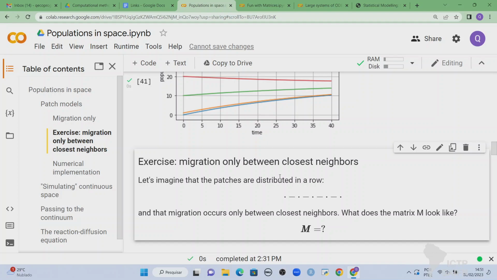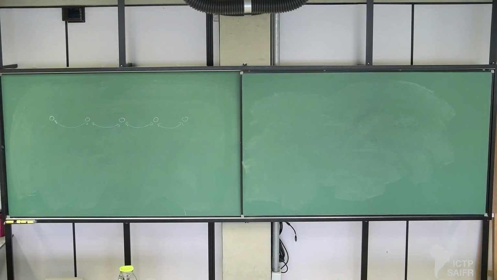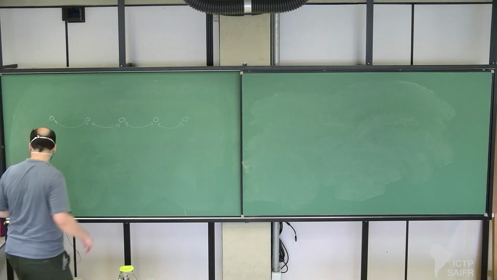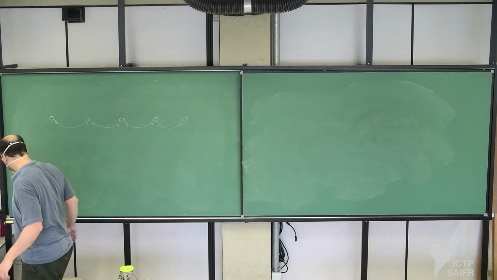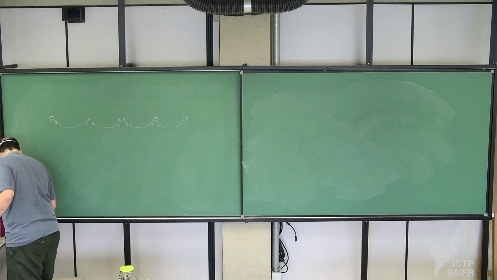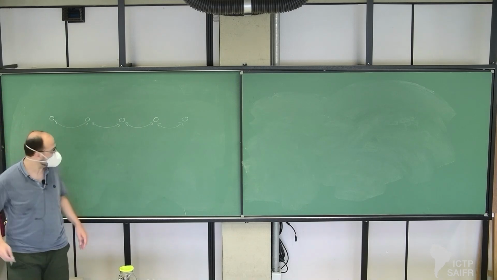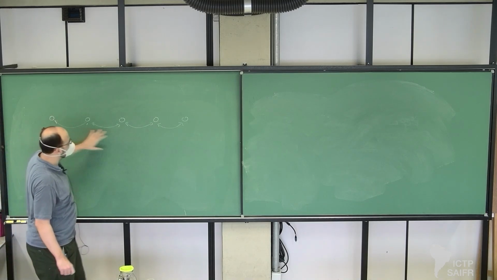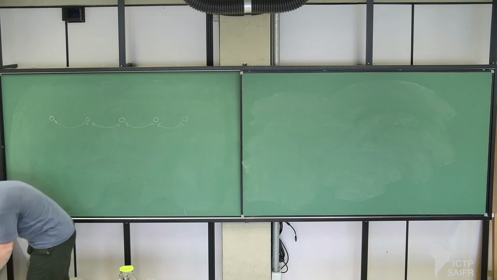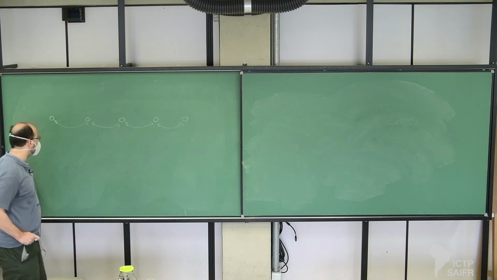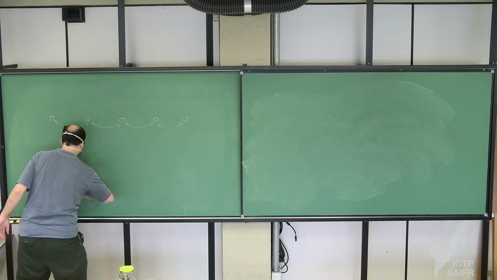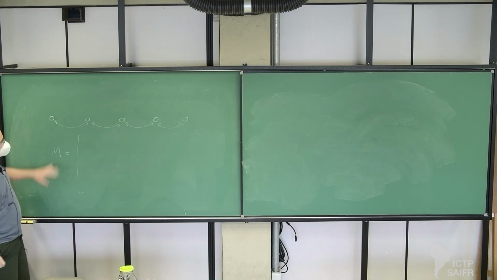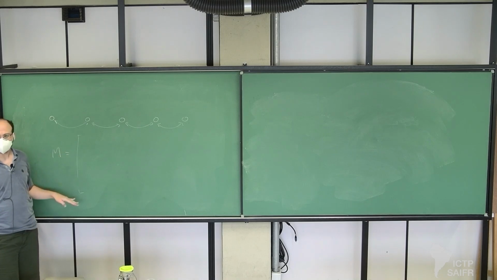Again, let's solve this. The idea here is that we want to write down our migration matrix, and the simplest way to do this is, this is 5 patches. So I can just write down my matrix M, and you remember that I have 5 lines and 5 columns.